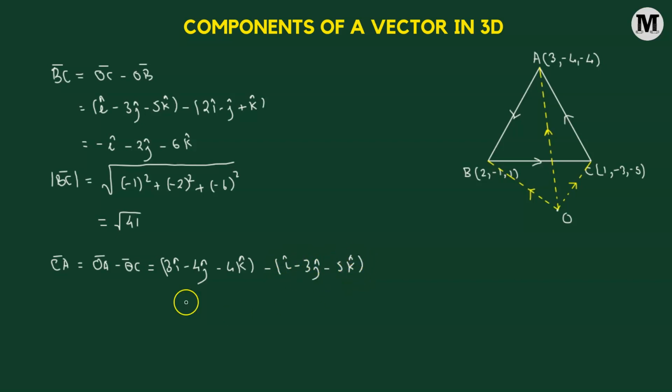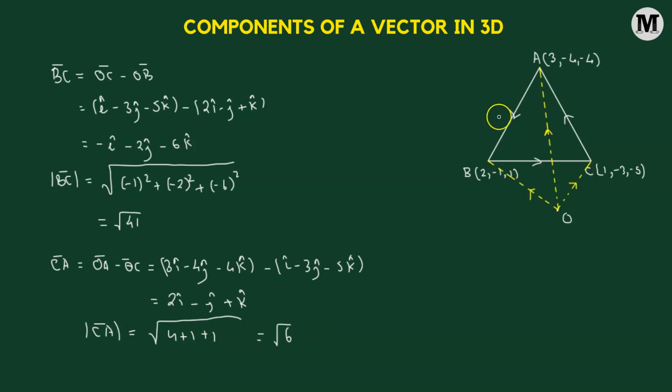That is going to be equal to 2i cap minus j cap plus k cap. Now let's compute the magnitude of vector CA. It is the square root of 4 plus 1 plus 1, so that will be square root of 6.